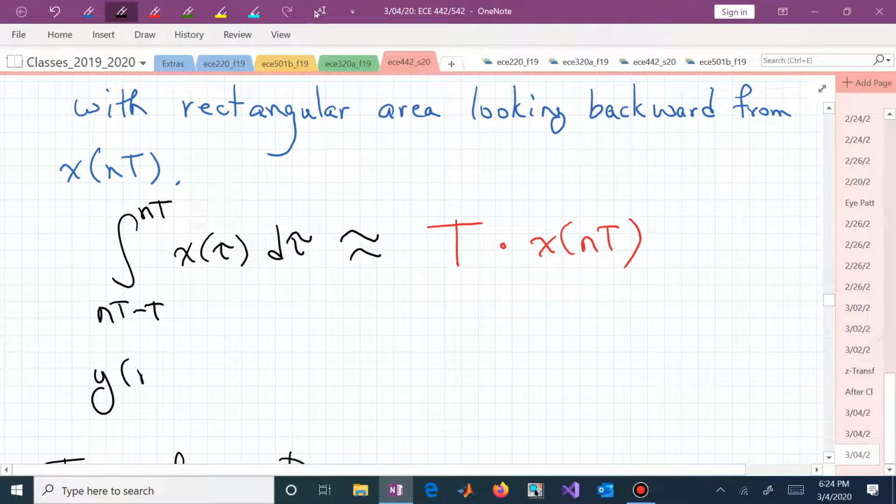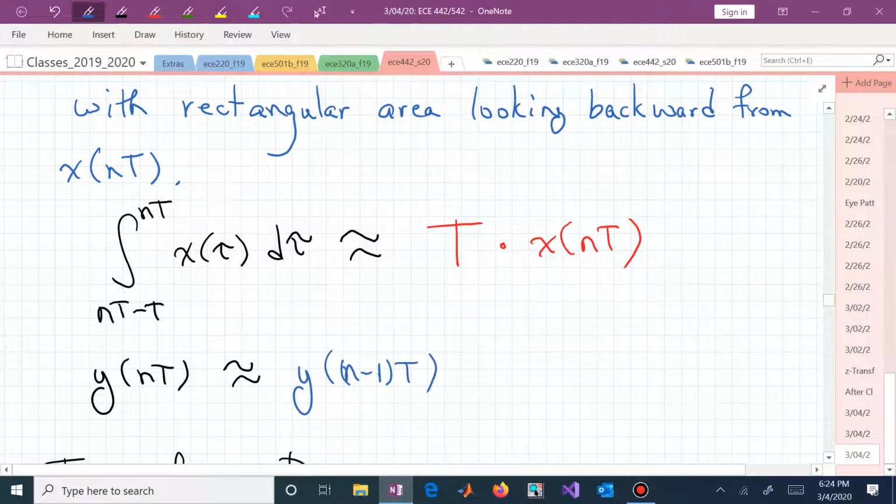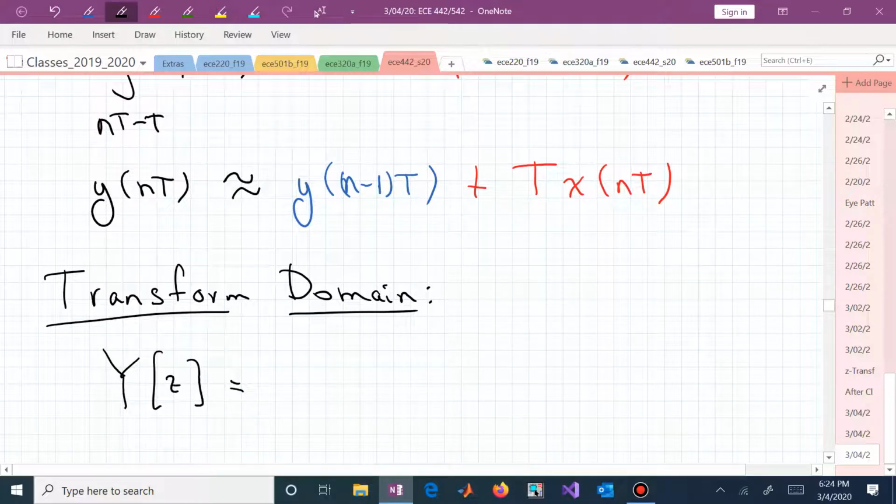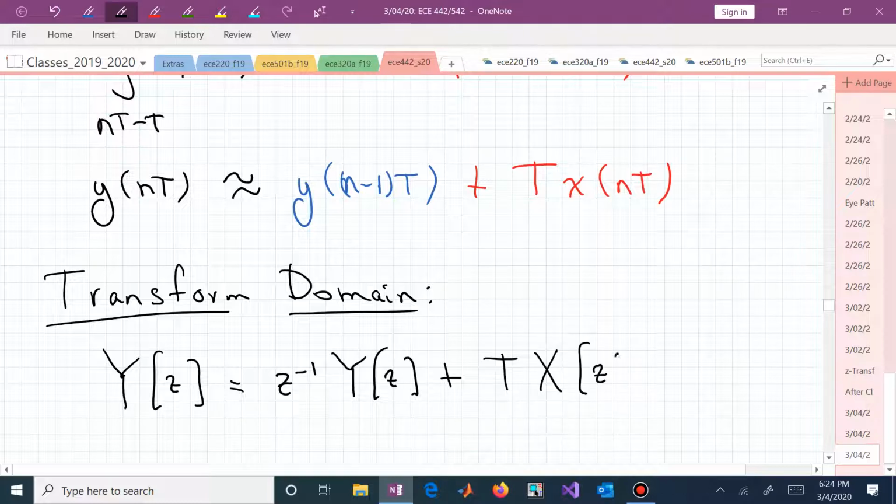We now know that y of nT is approximately y of (n minus 1)T plus T x of nT. Z transform that. Y of z is equal to z to the minus 1, capital Y of z, plus T, capital X of z. Do you see that it's now changed a little bit from the forward strategy.